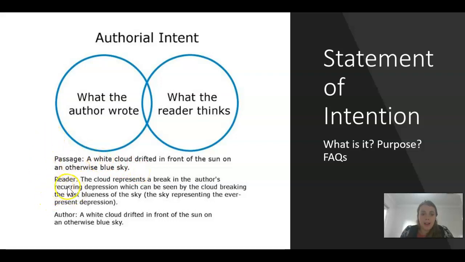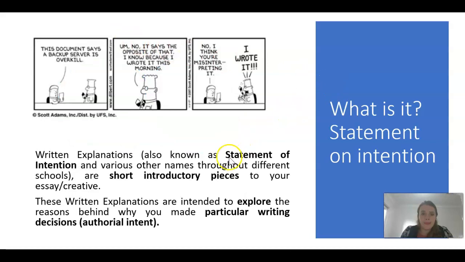What the reader might consider is that the cloud represents a break in the author's recurring depression, which can be seen by the cloud breaking the vast blueness of the sky representing the ever-present depression. So we've got this idea here that the author is writing something in order to produce an intended effect. And your statement of intention is your chance to explain that in your piece of writing.